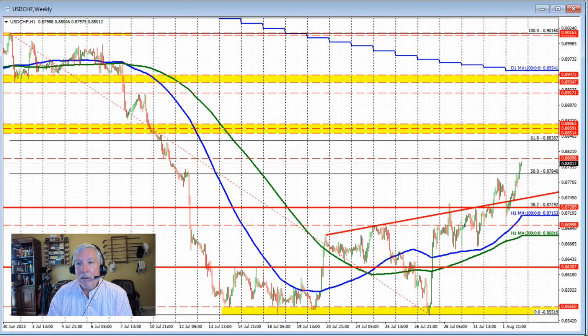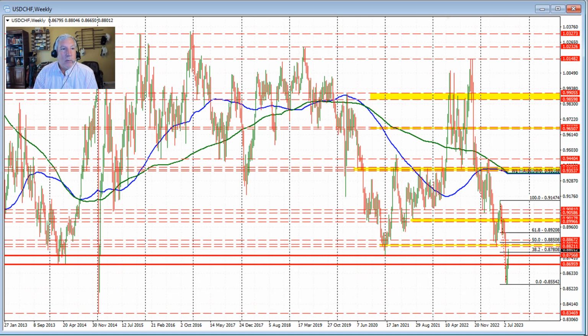Let's just take a look at the weekly chart to see where we stand, because you have to go to the weekly chart because the price over the last few weeks has moved sharply lower and traded to the lowest level since 2014. As you can see, it's trading this week. The price has moved now back above this low price, going back to the low price from 2021. That level comes in at 0.87568.